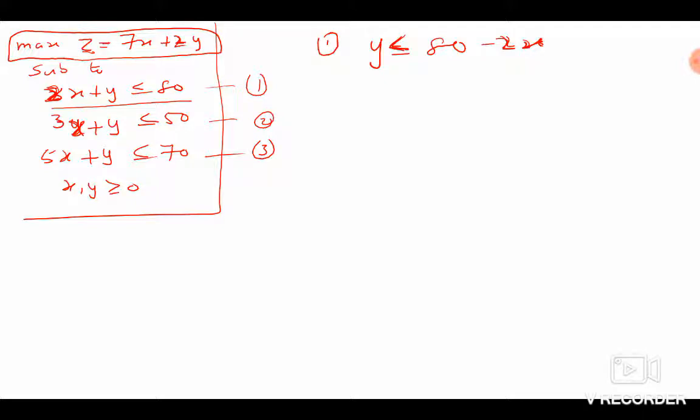Now, what is x and y intercept from this one? When x is 0, you get y is 80. So y intercept is 80. When y is 0, what do you get? Assume that this is equality and then solve it.